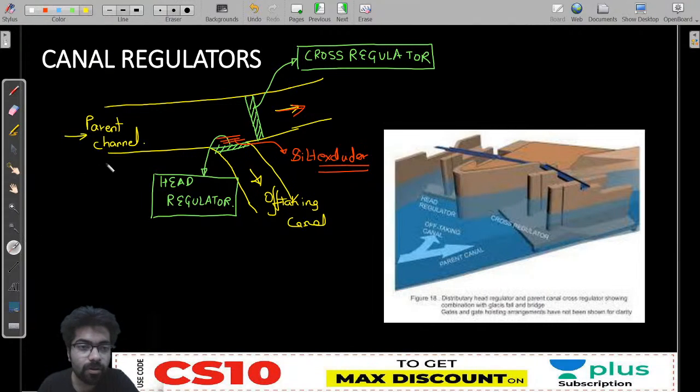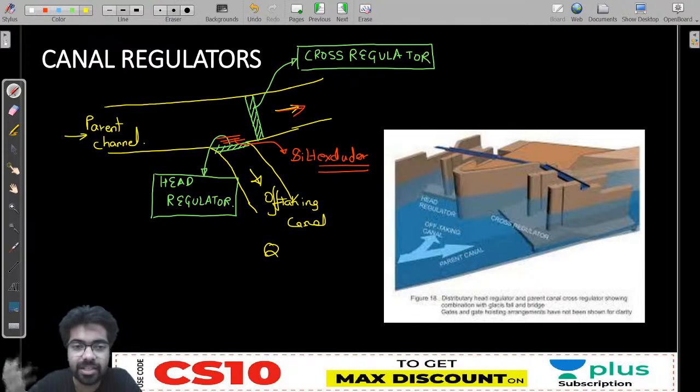Now, if here in your main river water is very high, and you have to provide the same discharge, suppose you are providing Q discharge in your canal, but what happened, my dear sir? In the river, discharge increased.